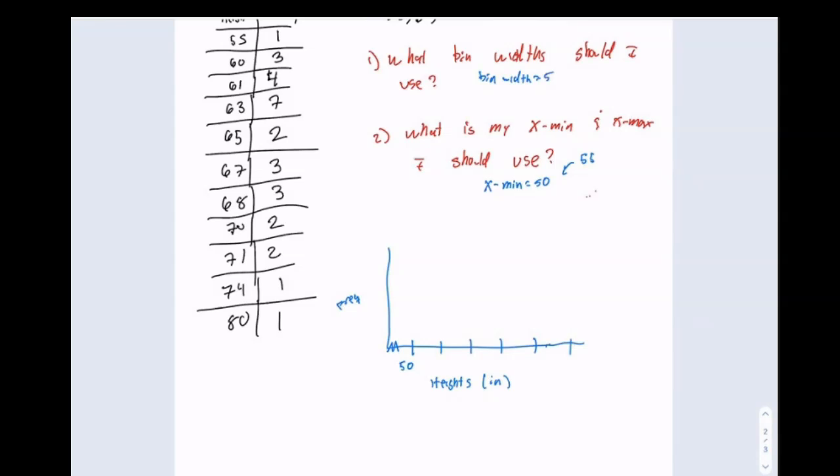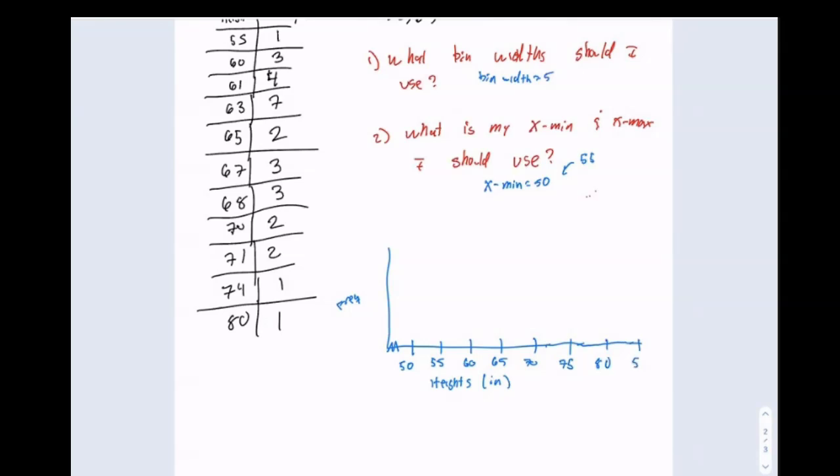So 50, 55, 60, 65. How far do I have to go? 70. And be careful in your response. How far do I have to go? Up to 80. Be careful. 85. You have to go to 85. Why?